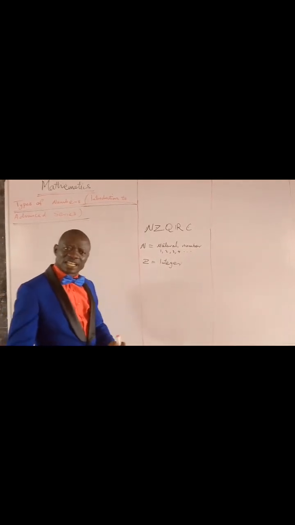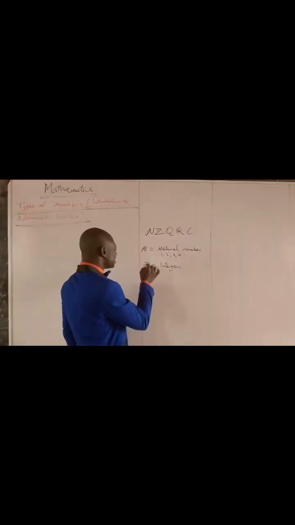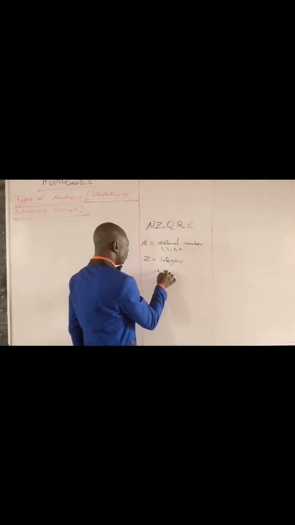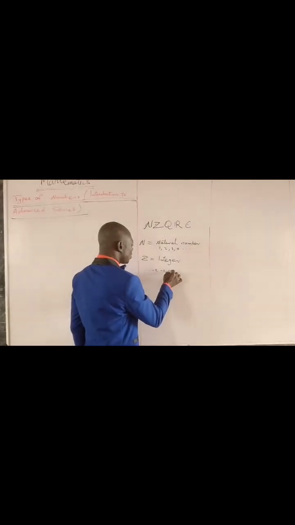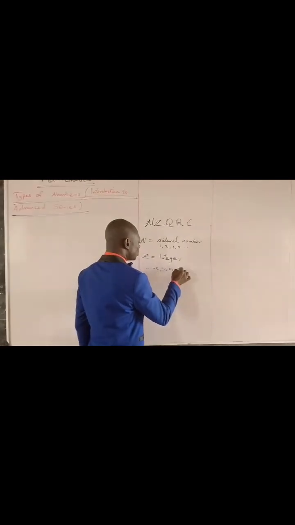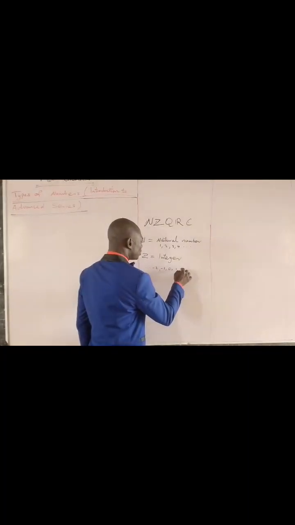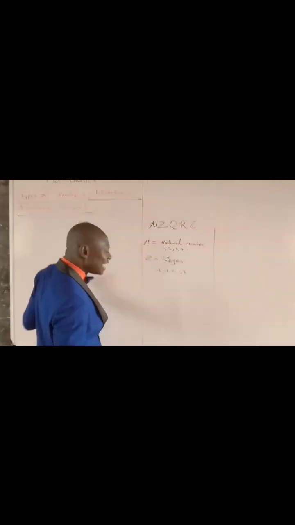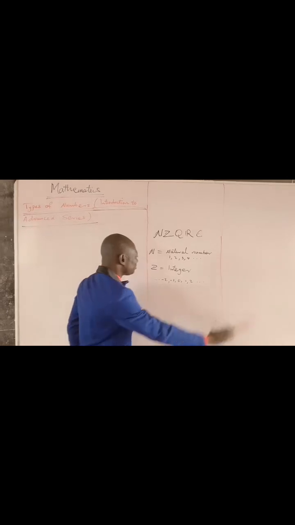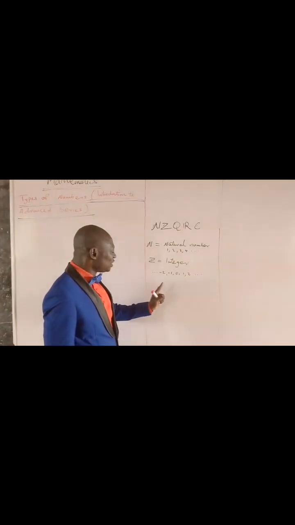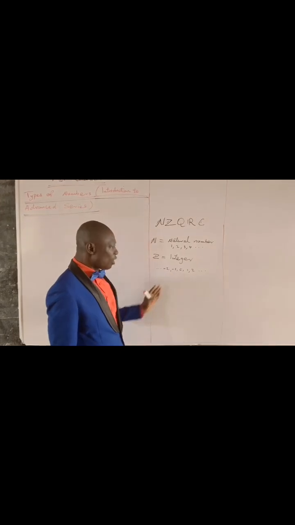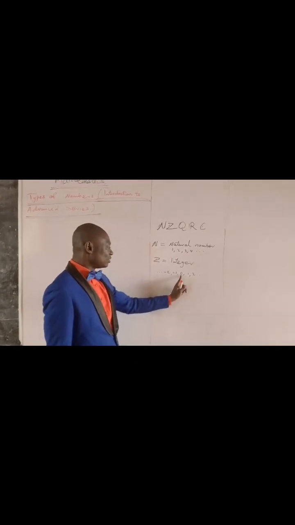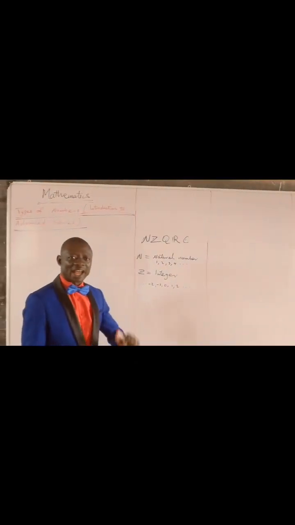And so we can represent the integers as minus 2, minus 1, 0, plus 1, plus 2, and so on. This is because so many whole numbers are here, and so many whole numbers are there. Remember, positive or negative whole numbers, including 0, are called integers.